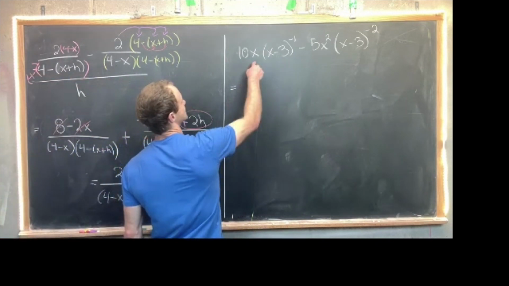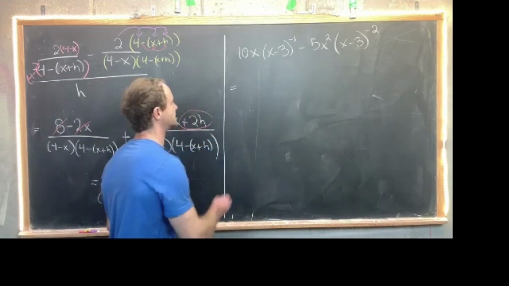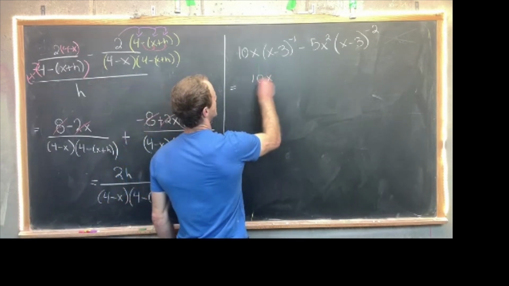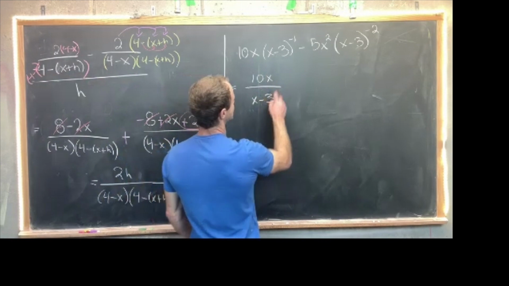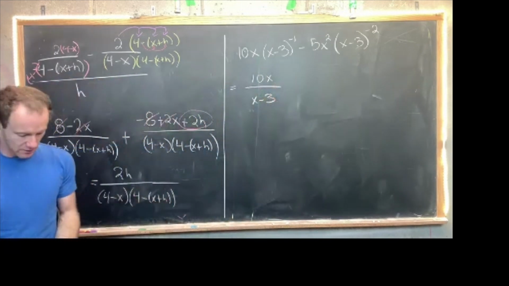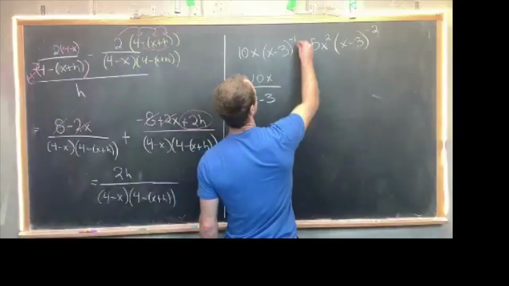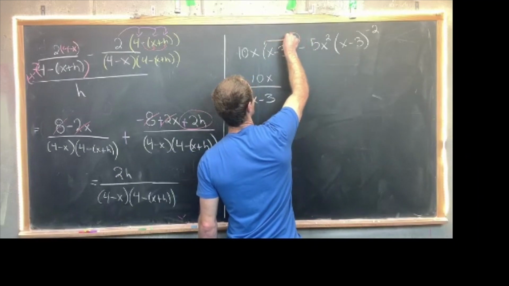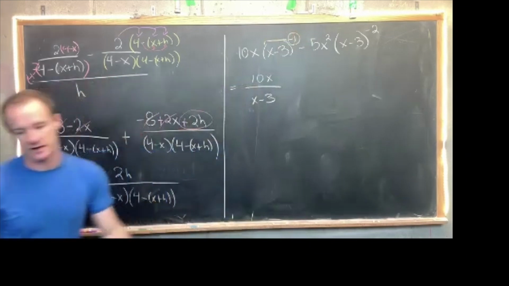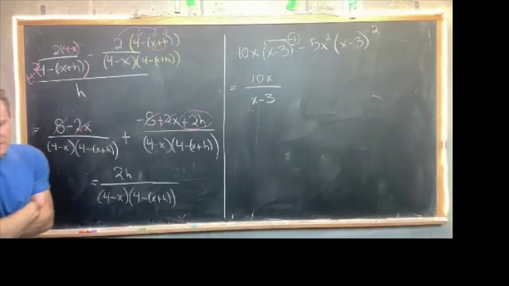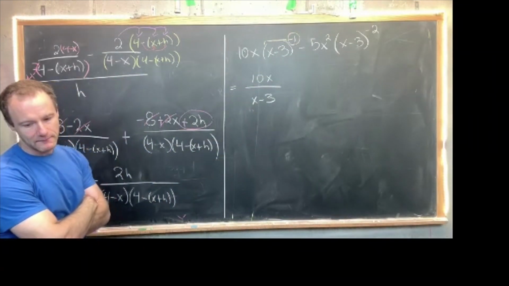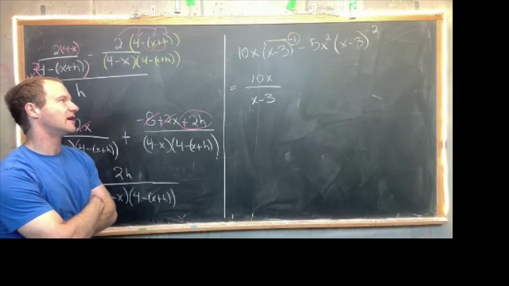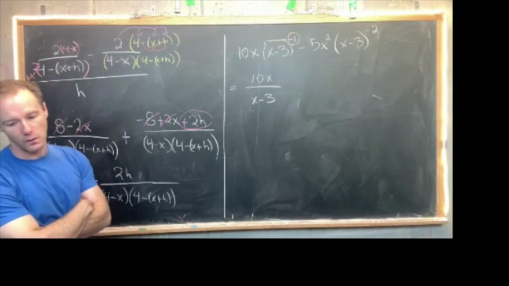In other words, we want to use the fact that negative exponents send things downstairs. So let's go ahead and do that. So this first one is going to be 10x over x minus 3 to the first power. So what I want to point out here really carefully is that this minus 1 is only the exponent of x minus 3. So since that minus 1 is only the exponent of x minus 3, that's the only thing that goes down to the denominator.